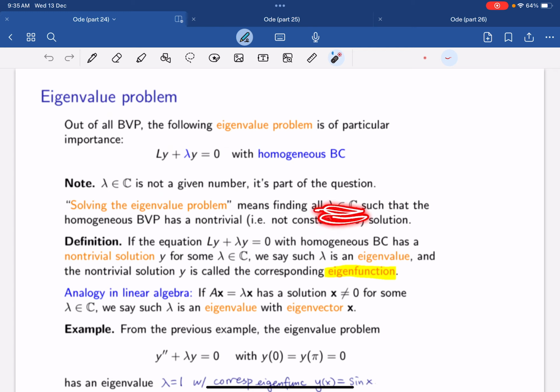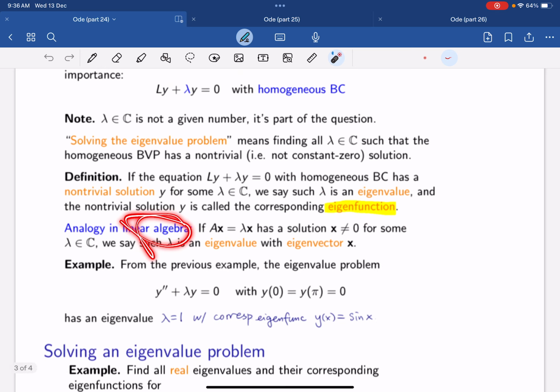We are supposed to find all lambdas, which can be complex as well, such that the homogeneous boundary value problem has non-trivial solutions. Then we say this non-trivial solution y will be the eigenfunction and lambda is the eigenvalue.